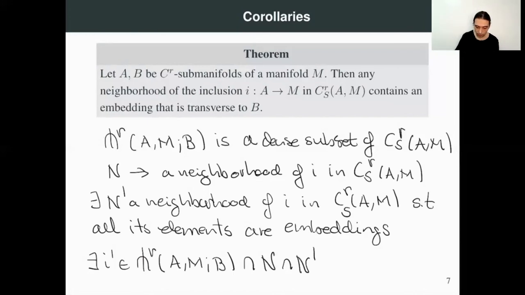And so we found I prime in N, any neighborhood of I, such that I prime is transverse to B. Moreover, since I prime belongs to M prime, I prime is also an embedding. So I prime satisfies the properties that we need, and in every neighborhood we found an embedding that is transverse to B.